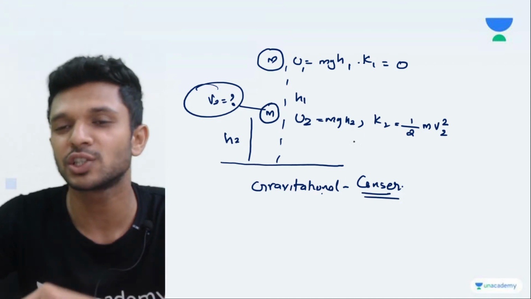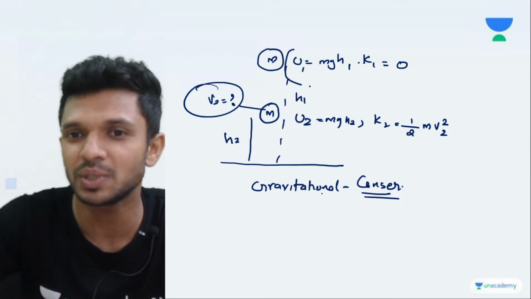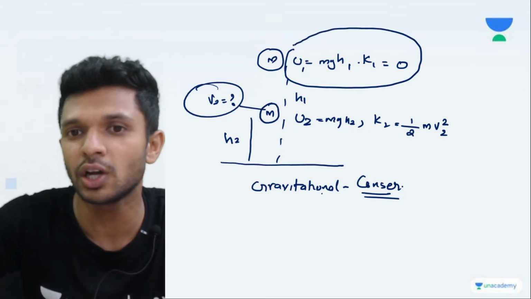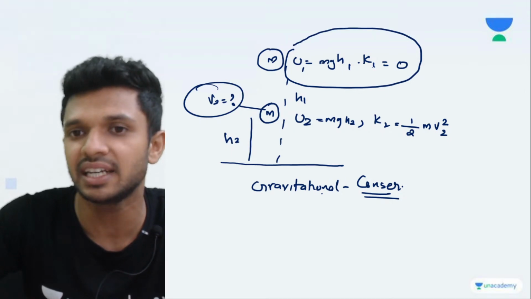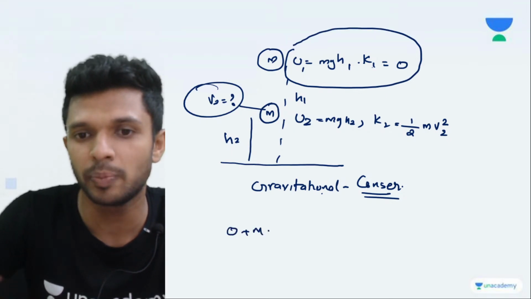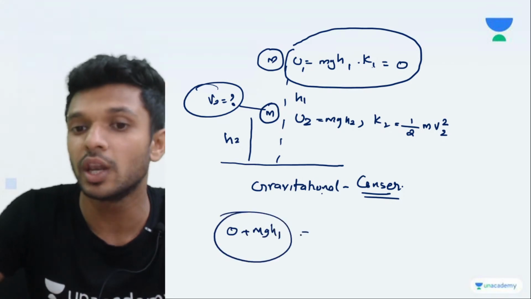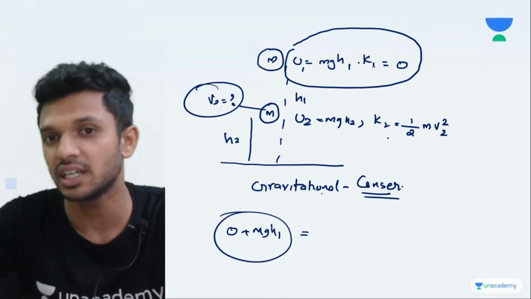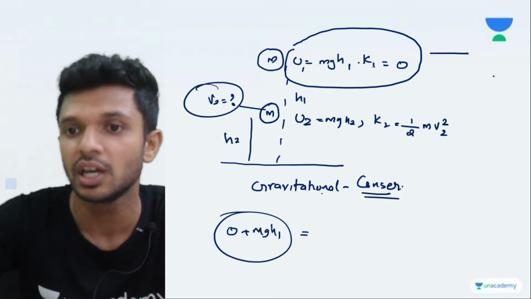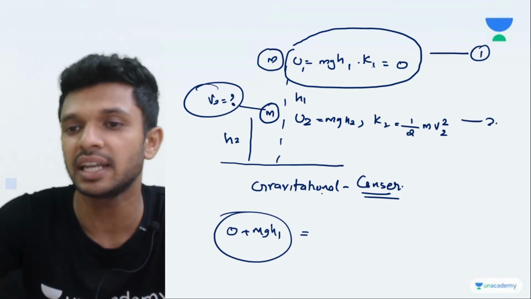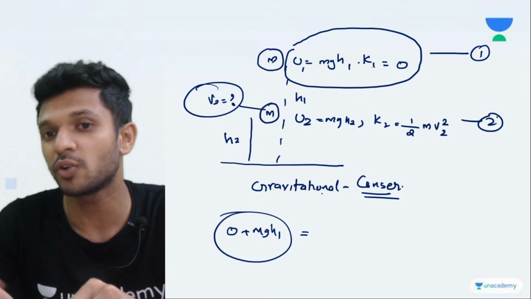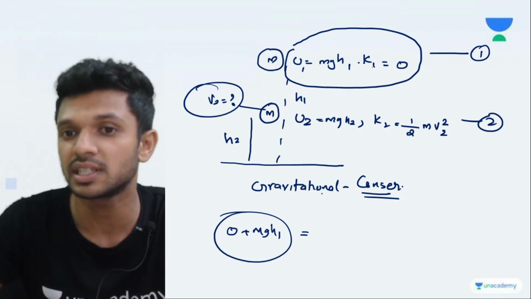So conservation of mechanical energy, which means the summation of potential plus kinetic, how much is it? 0 plus mgh1 will always be a constant, whether the stone is here or whether the stone is at the point 2. The summation of that will always be a constant.